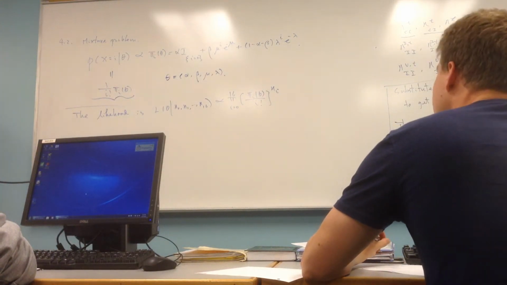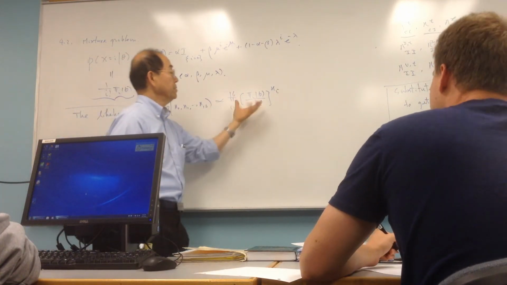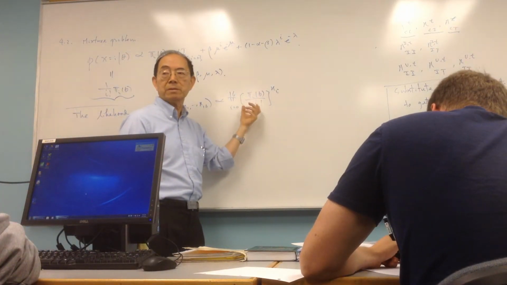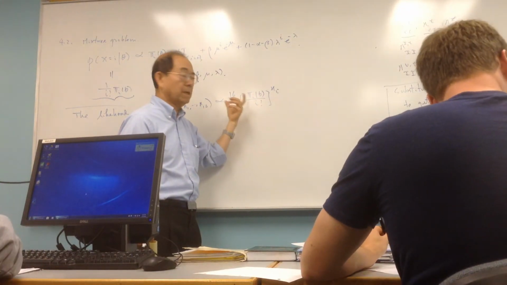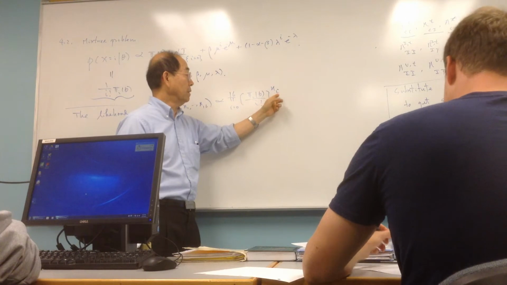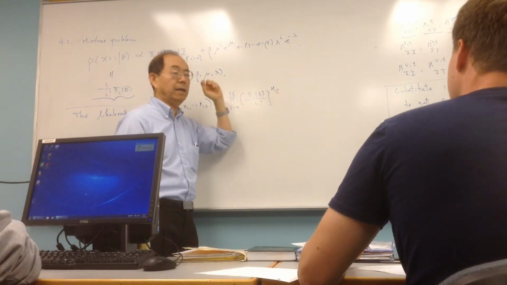Because all the individuals are independent, of course you get the product of these, where n_i individuals reported i.